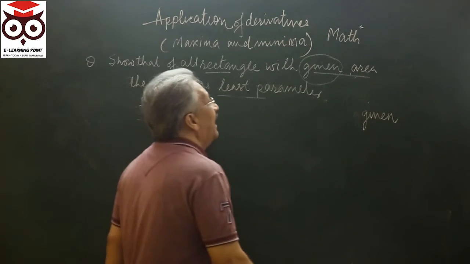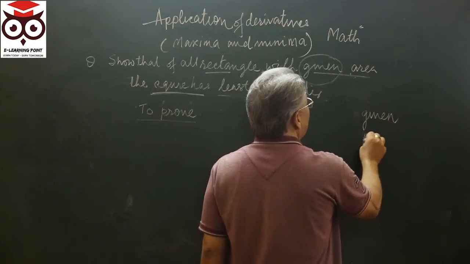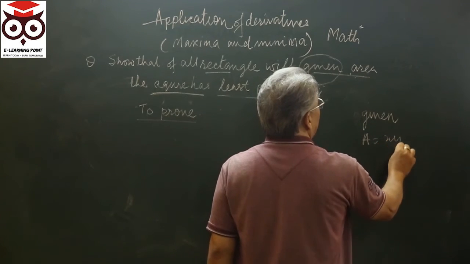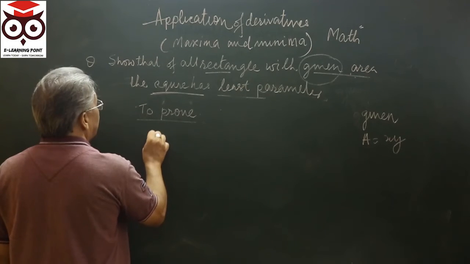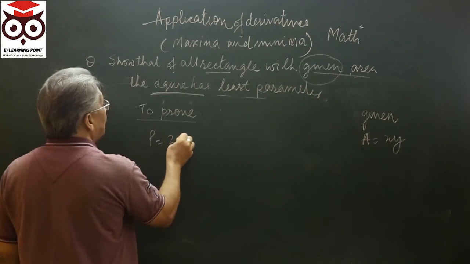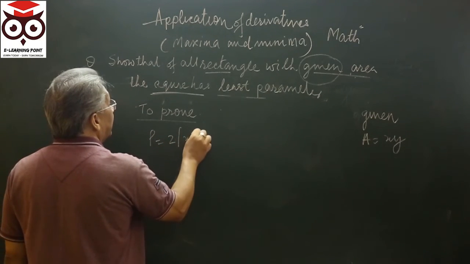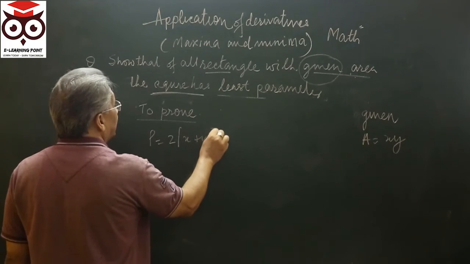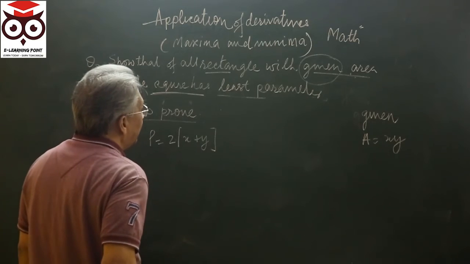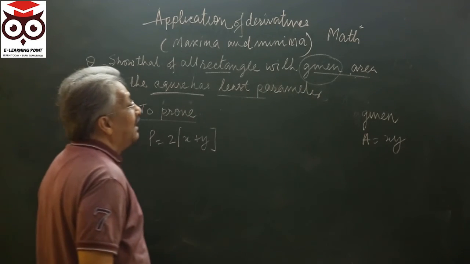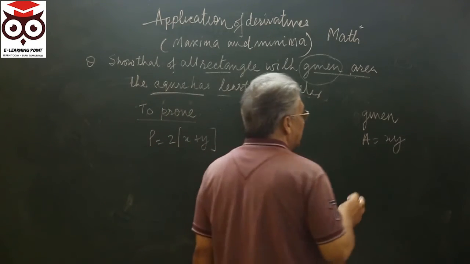What is given here? The given is xy equal to a. And you are interested to put here p is equal to 2x plus 2y. You are interested to prove it is minimum and the area is given.